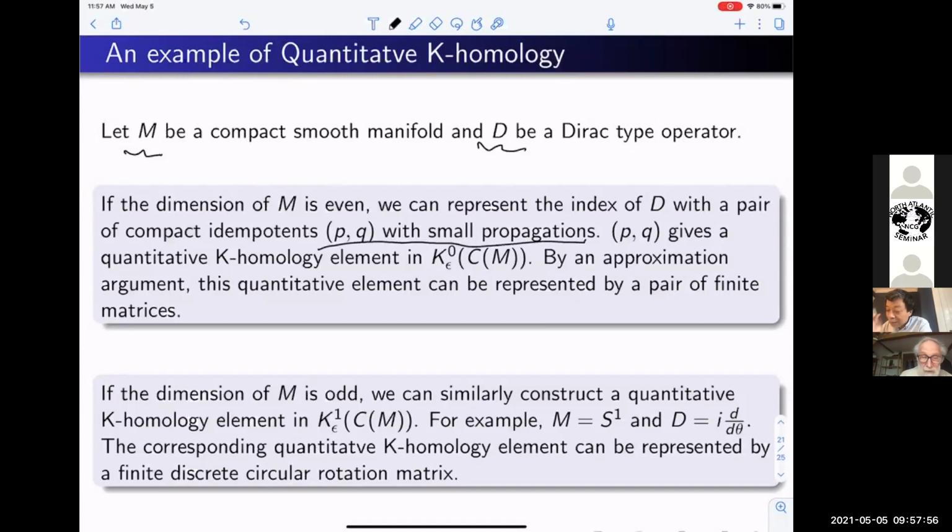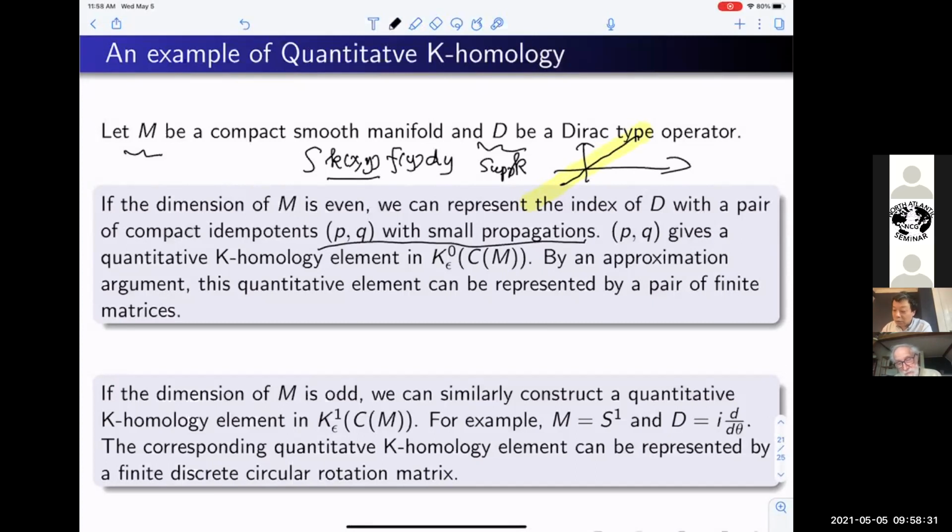And if you have a kernel operator like K(x,y) acting on a function f(y), if the support of K is almost concentrated on the diagonal, then of course it almost commutes with multiplication by continuous functions.